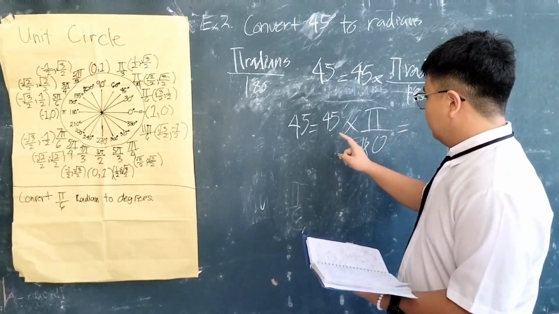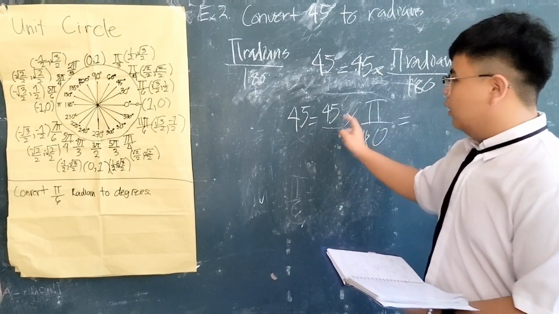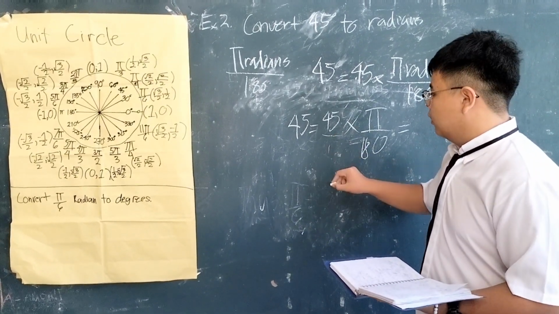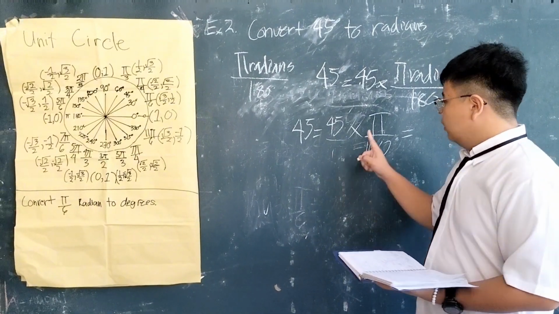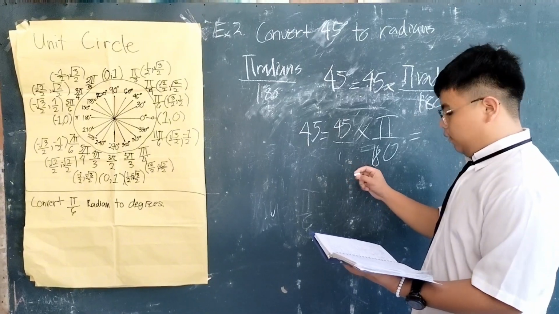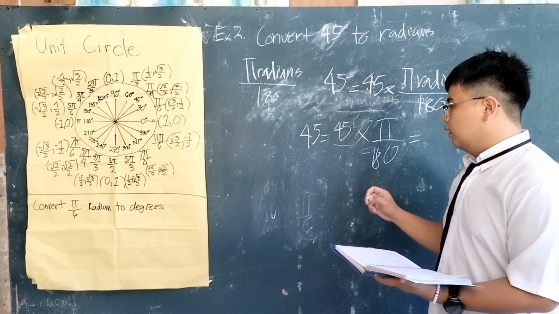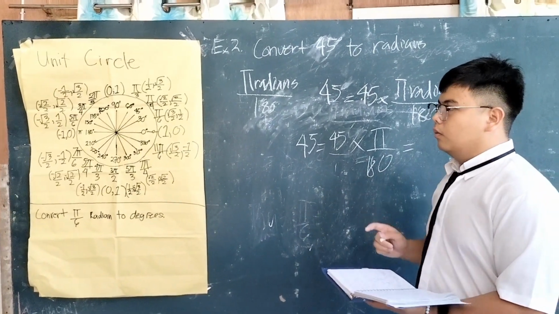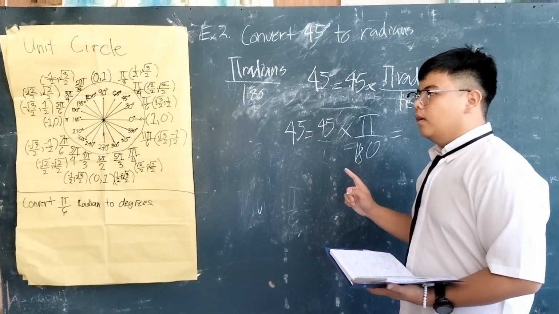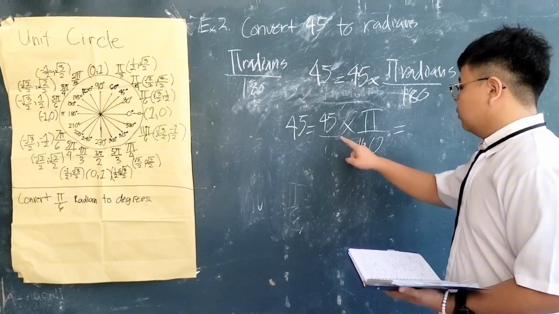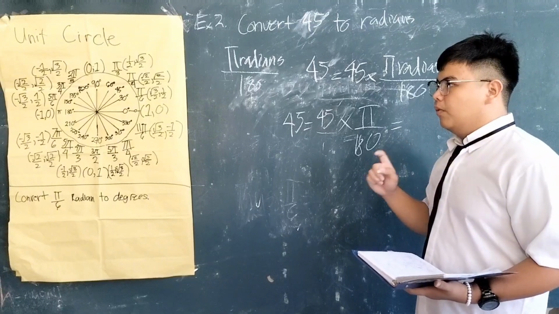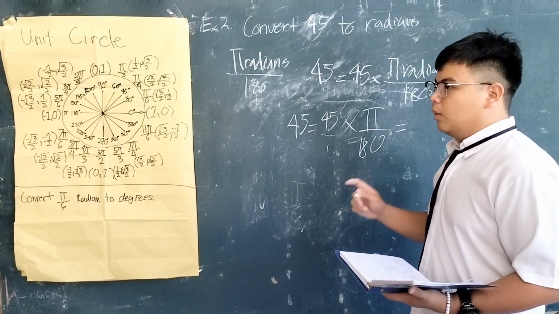Every whole number has an equivalent denominator of 1, so this is our 1. So 45 times pi over 180. To simplify the result, we need to find the common divisor for both.